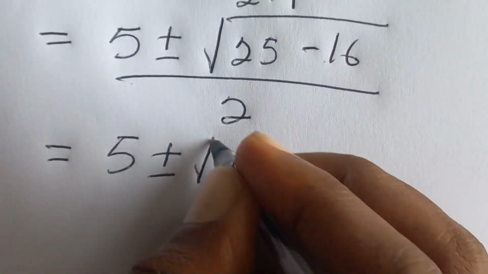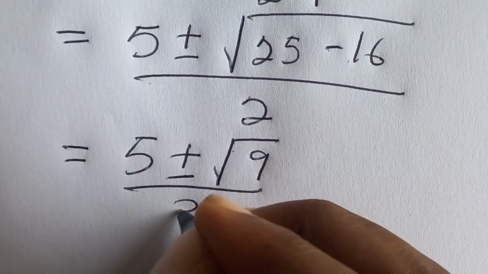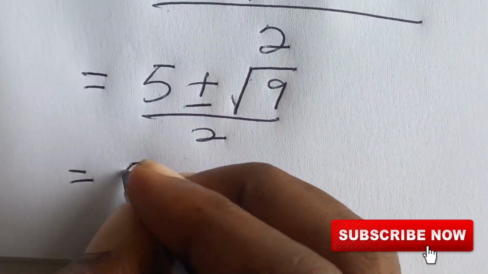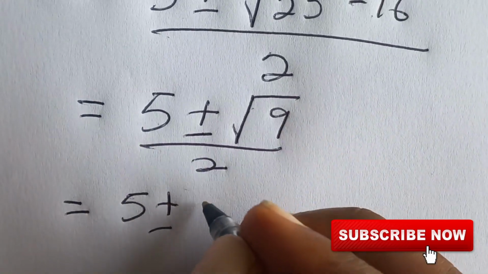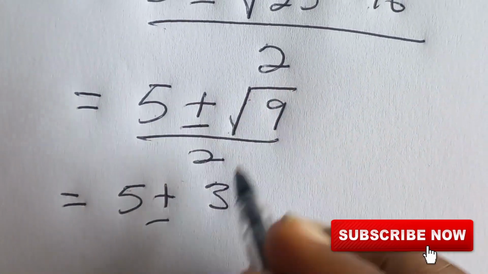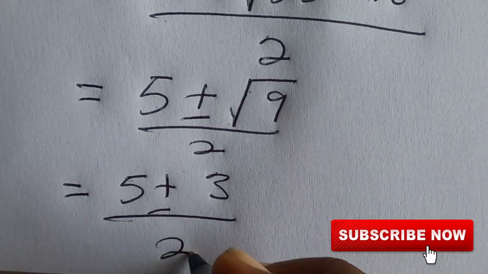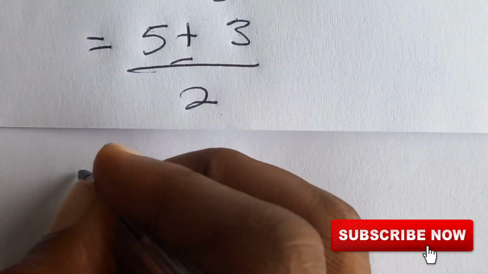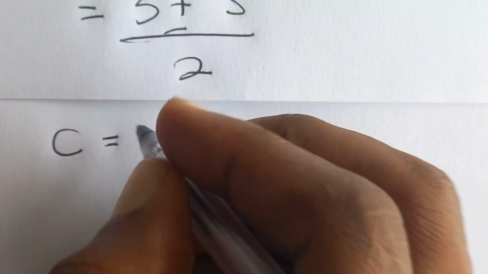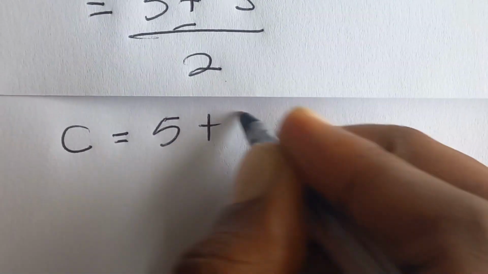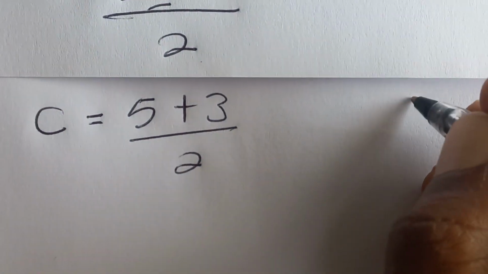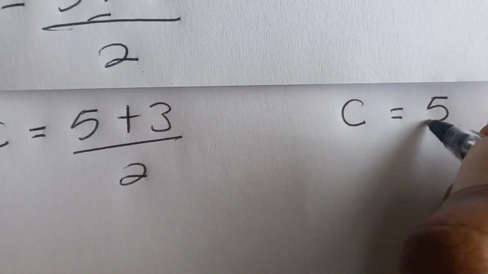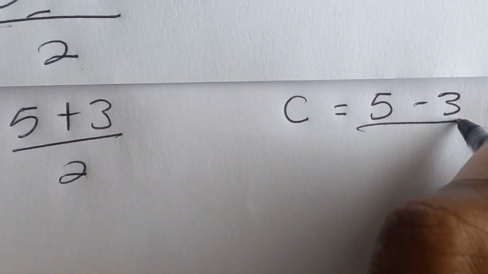So square root of 9 over 2, which is equal to 5 plus or minus 3 over 2, because square root of 9 is 3. So now our C is equal to 5 plus 3 over 2, and in our case 2, we have C is equal to 5 minus 3 over 2.